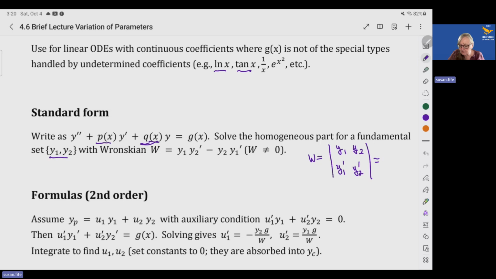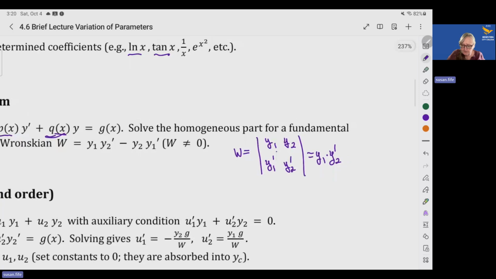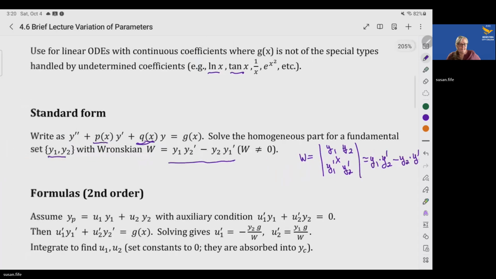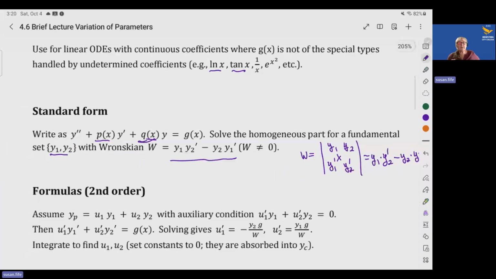If you multiply these, you get y1 times y2 prime, minus y2 times y1 prime. That's where the Wronskian comes from. We're going to use Wronskians to find our solution.